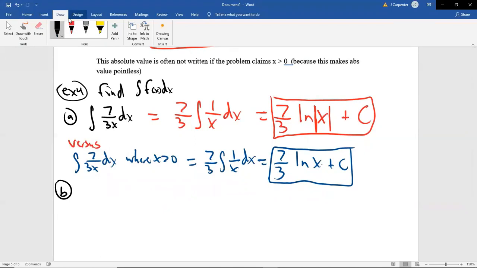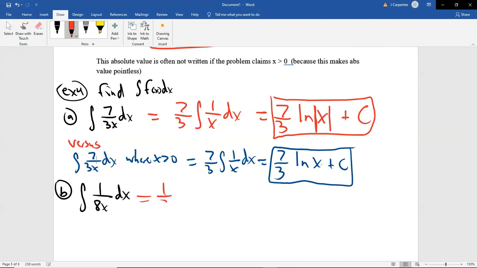Let's do the integral of 1/8x. Now when I say 1/8x, that x is in the bottom. If it was in the top, this would not be the same problem. If it was to the side, this would not be the same problem. If that was an x squared in the bottom, or any exponent, this would not be the same problem. So this is very similar to the last one. If you need to pull the 8 out, you can, and you don't even have to pull it out of the integral.